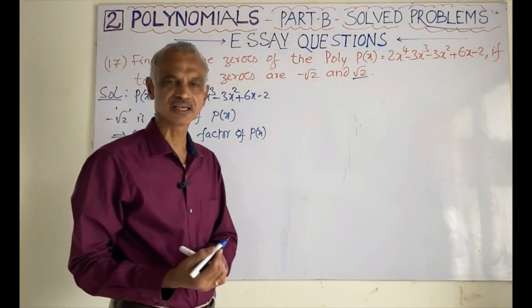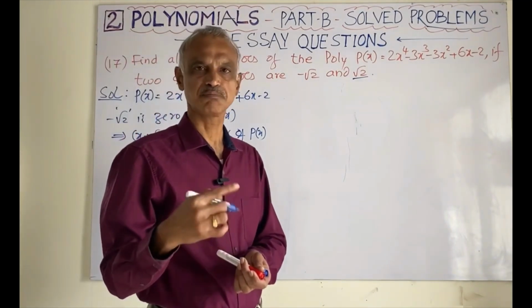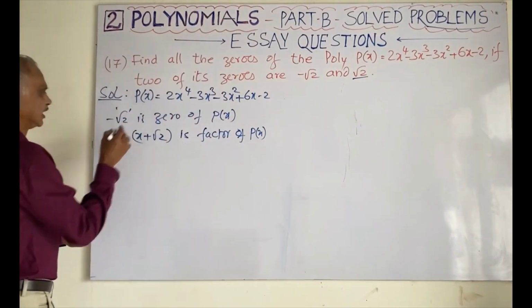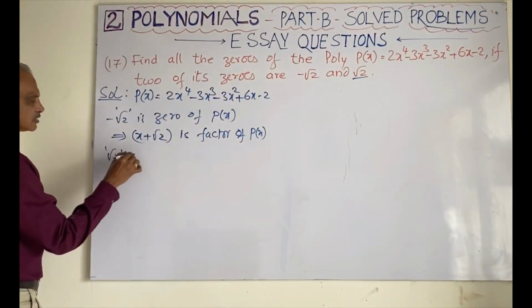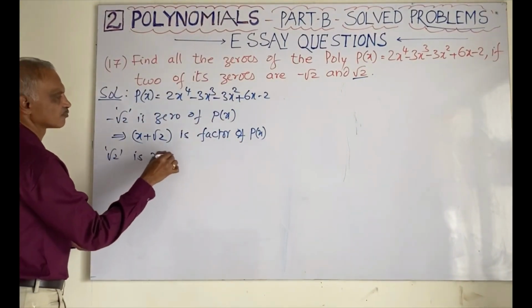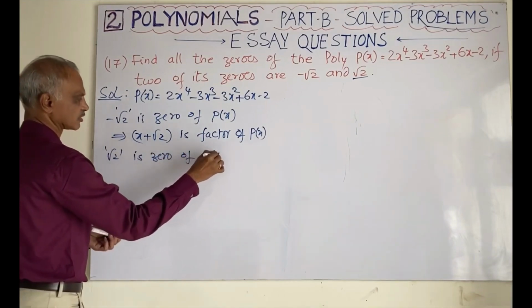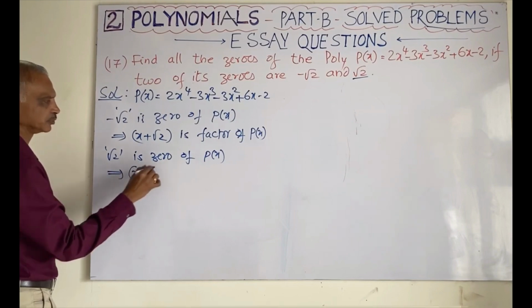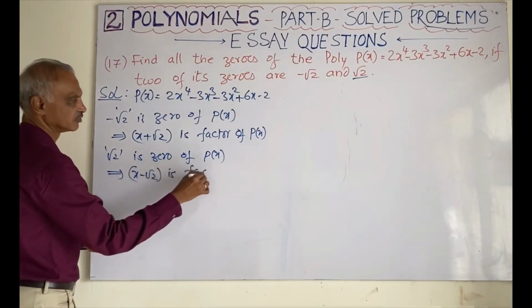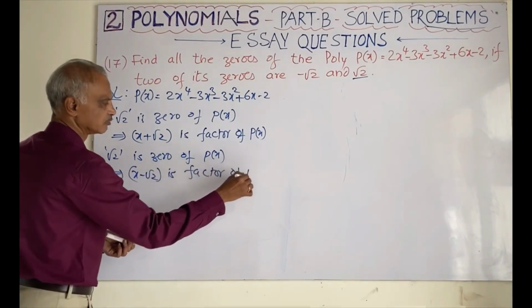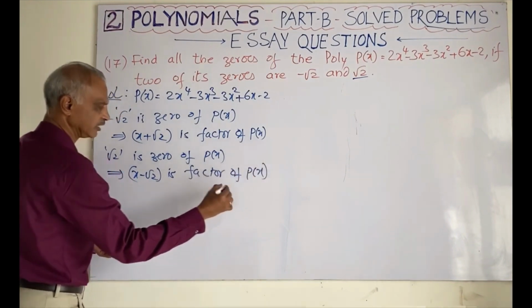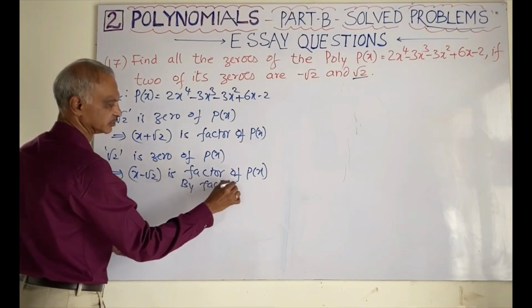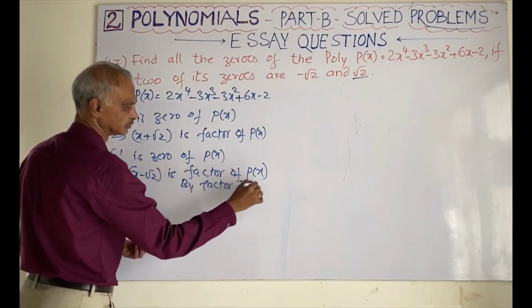Then root 2 is also a zero of the polynomial. Then you can say x minus root 2 is a factor of p of x, by factor theorem.